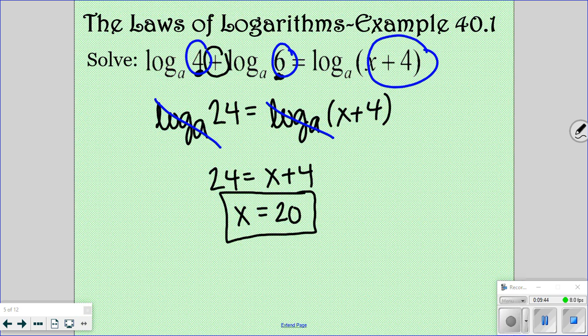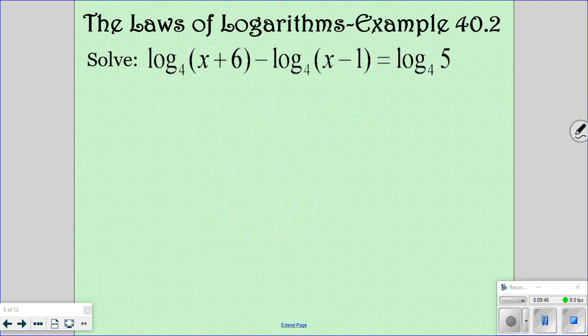Okay, we're going to look at another one. This time, we have a minus sign here. So the way that we're going to combine them is to divide. So x plus 6 divided by x minus 1.